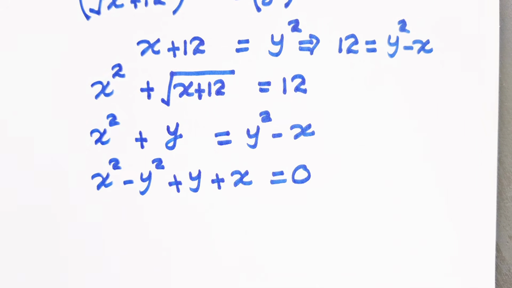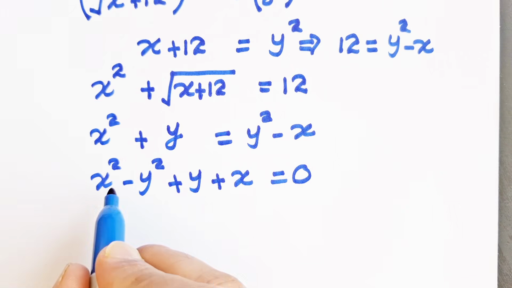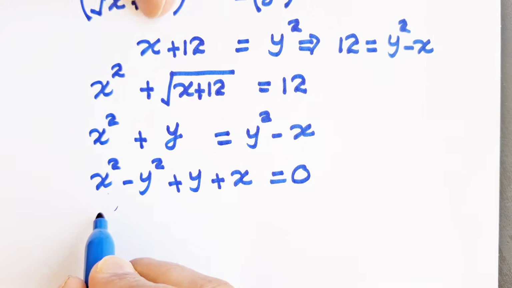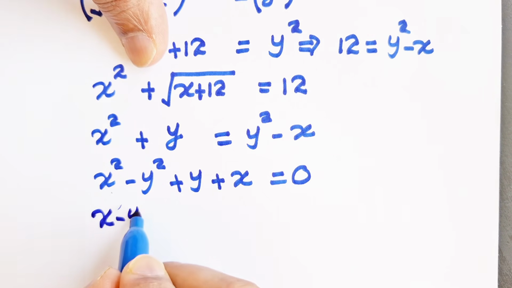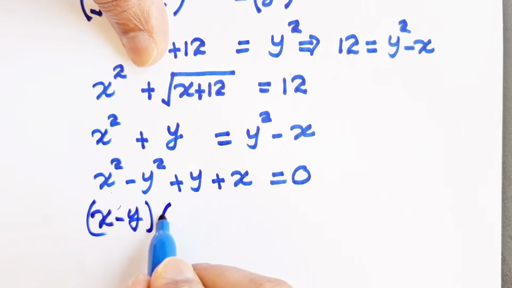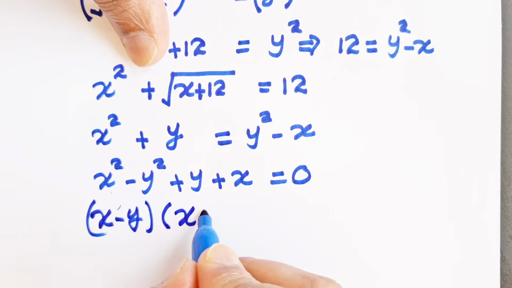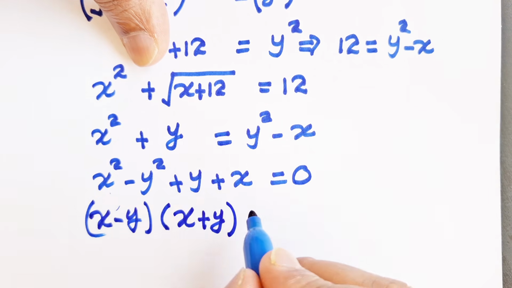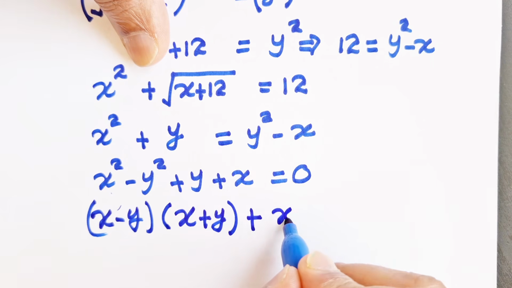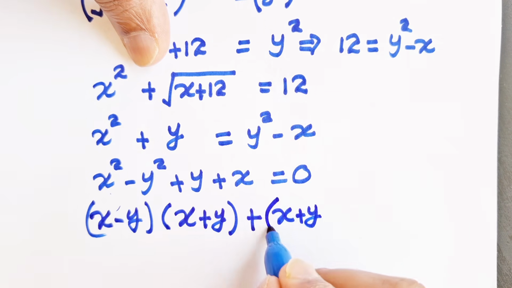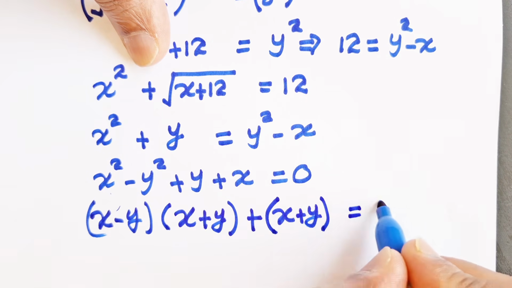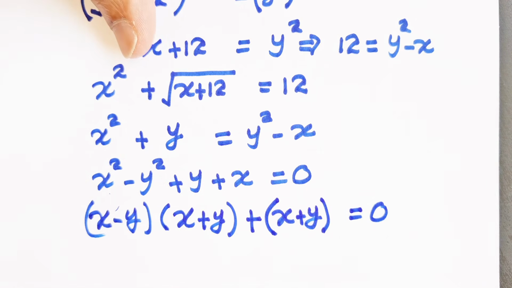Now I am going to factorize the equation. For x squared minus y squared, we can rewrite x minus y times x plus y, and I will put x plus y inside the parentheses, which is equal to 0.